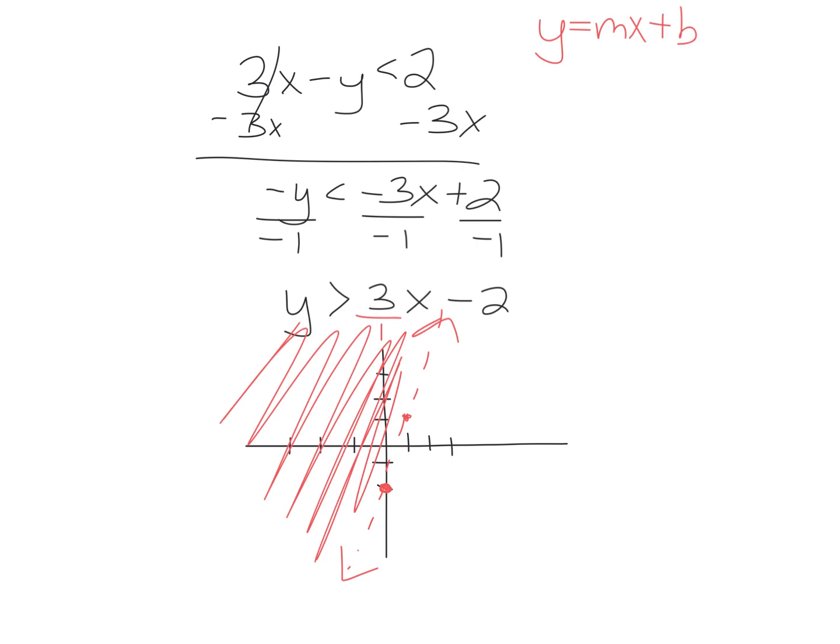That's the last thing you're going to do for a problem: shade. If y is greater than, we shade up. If it said less than, where would we shade? Down, because all the less than values are over here. Okay? Yep, let's look at another example.